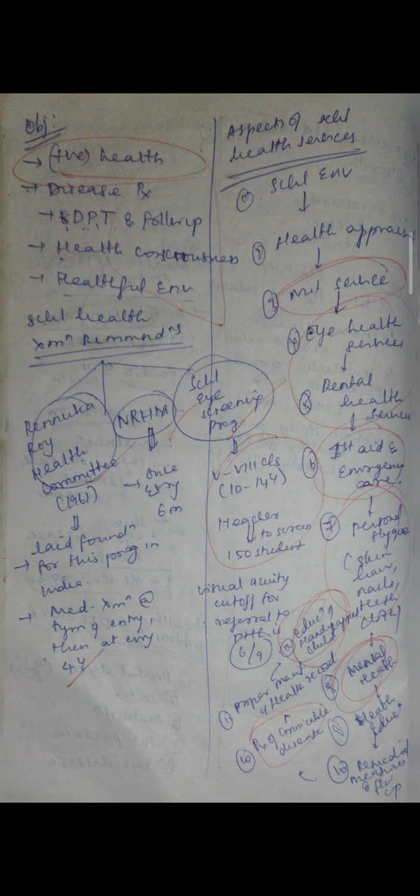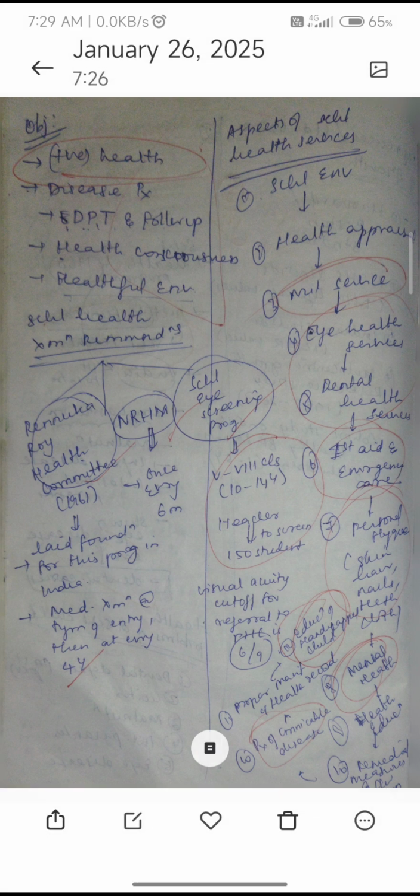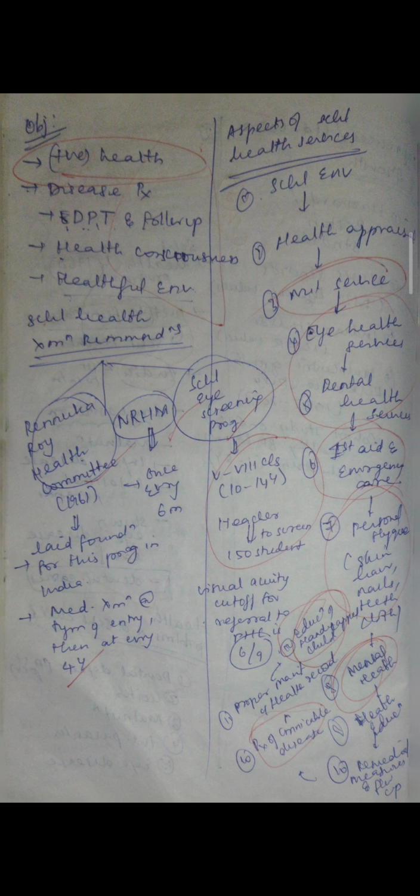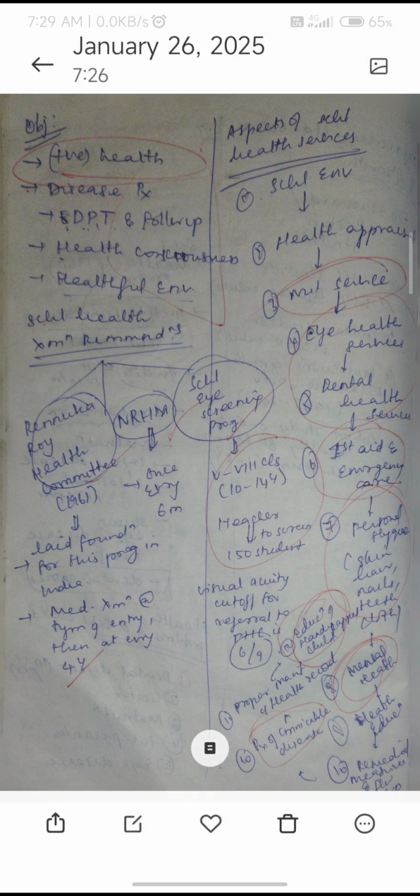But ideally the positive health concept is not a real one, it is an ideal one, where no one can be said to have every aspect of health positive. But in a school health program, we should emphasize giving such positive health to maintain a good social environment among the children.